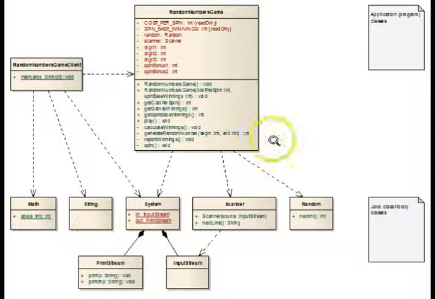Looking again at the whole class diagram here, we can see that the main method in our client is going to make use of our random numbers game class. It will also make use of Math, String, and System. Our main class here, random numbers game, will make use of System, Scanner, and Random.